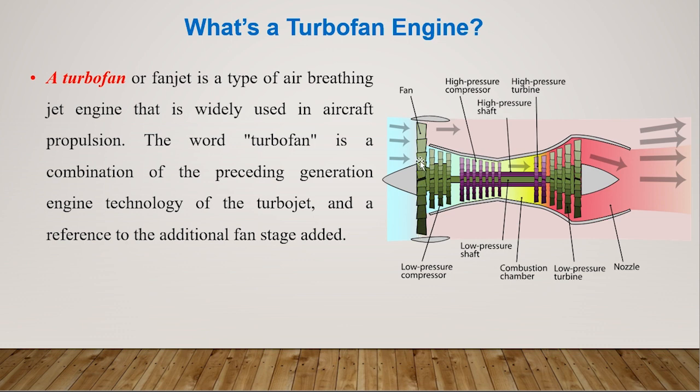You can see there is a fan at the front of the engine, followed by the low pressure and high pressure compressor sections, and the combustion chamber, followed by the high pressure turbine and low pressure turbine. So we can say this is a twin spool.